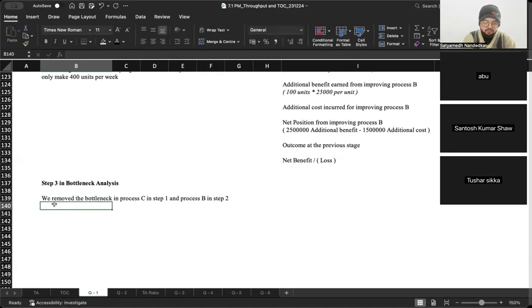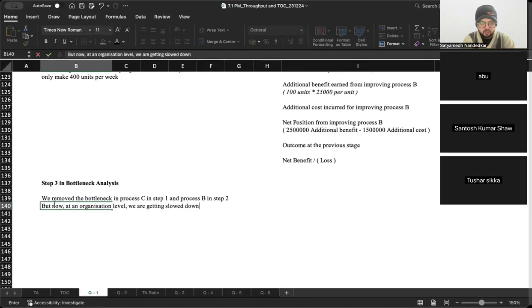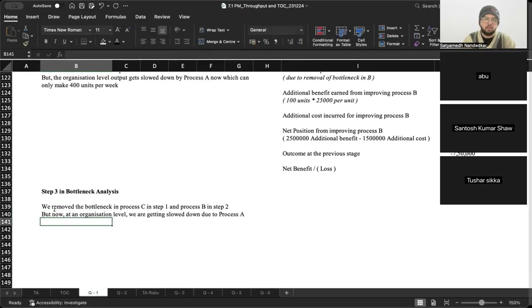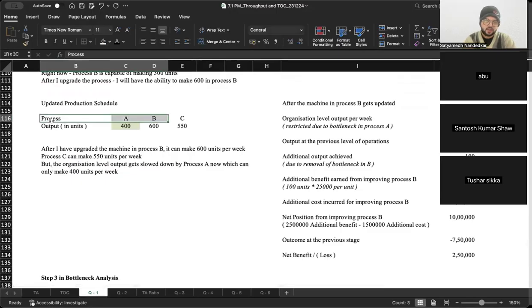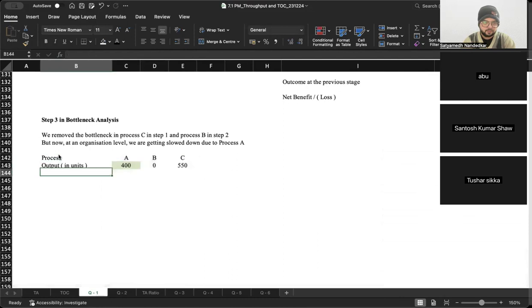But now, at an organization level, we are getting slowed down due to process A. Write this down once.